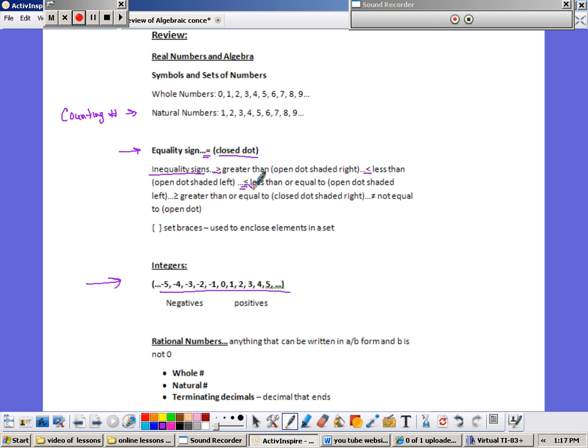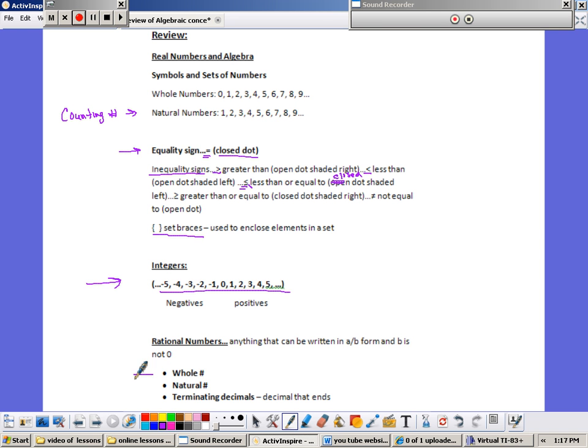So it's a closed dot shaded to the left. And a greater than or equal to is a closed dot shaded to the right. And not equal is an open dot. This is a set of brackets called curly brackets, and it's used to enclose elements of a set. So right now we're just going over all these basic things that you need to know.